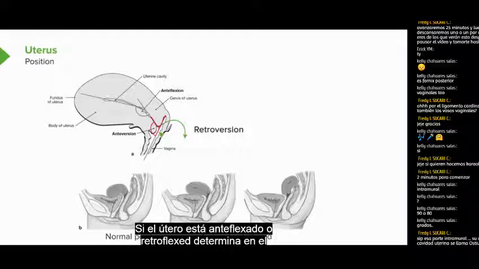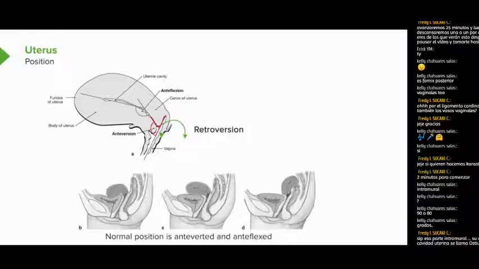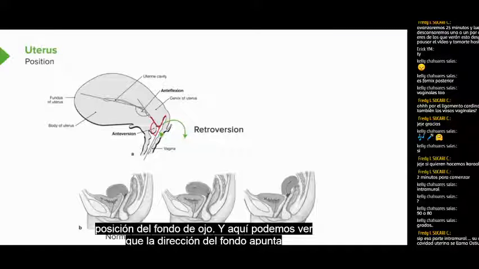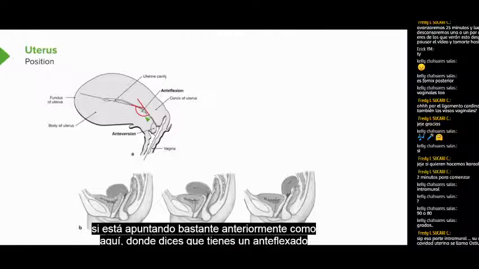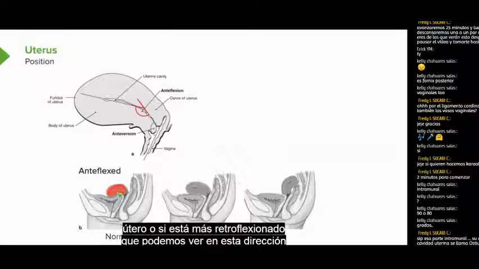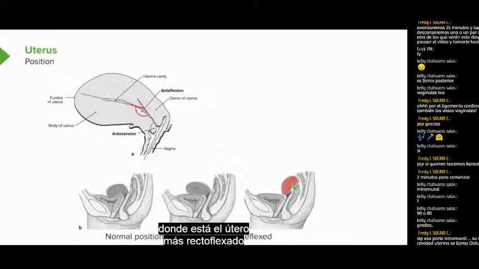Whether a uterus is anteflexed or retroflexed depends on the position of the fundus. And here we can see the direction that fundus is pointing, whether it's pointing quite anteriorly, like here, where you'd say you have an anteflexed uterus, or whether it's more retroflexed, which we can see in this direction.